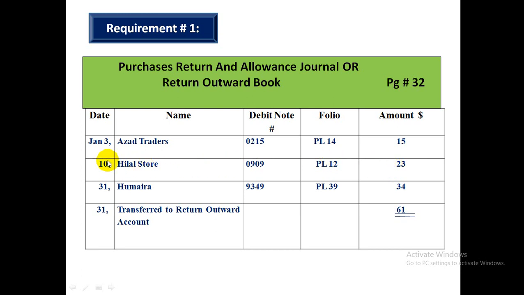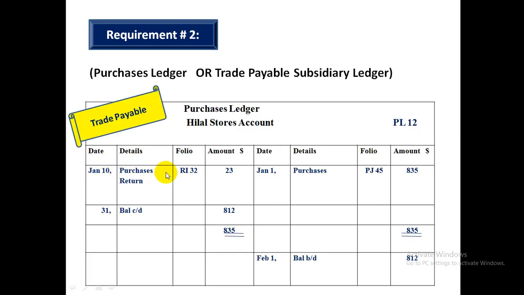So on this date, January 10, this will come here in debit. As I told you, this is the trade payable account, so returning goods to them means a reduction in the liability, and purchasing goods on credit from them means increasing our liability. These were the only two transactions related to Hilal store. Nothing else will come in their ledger.